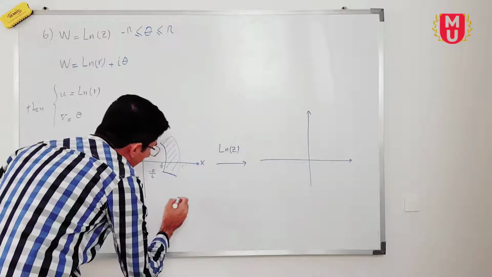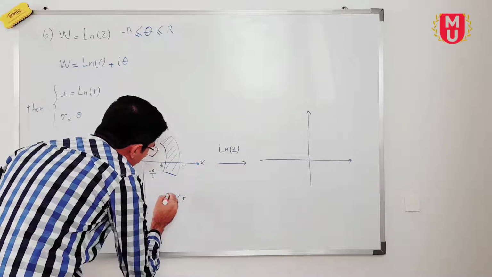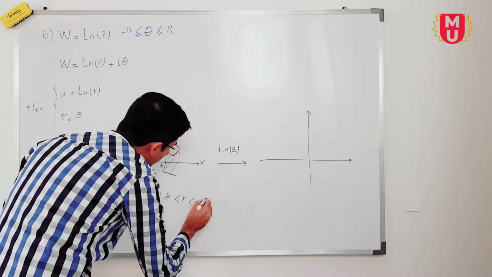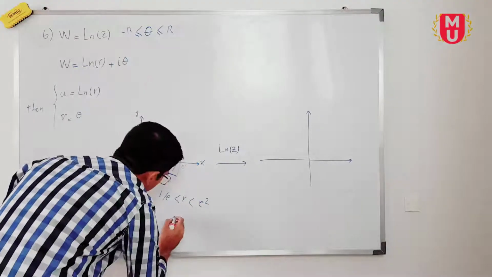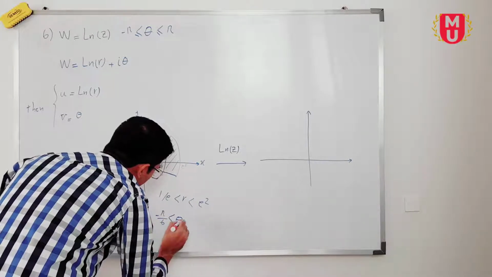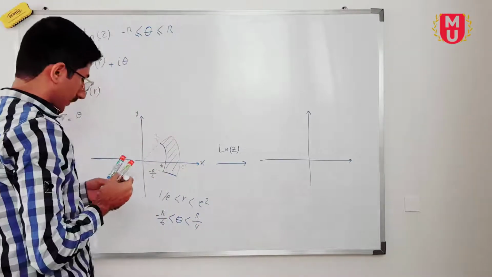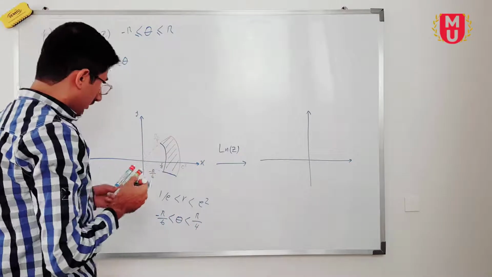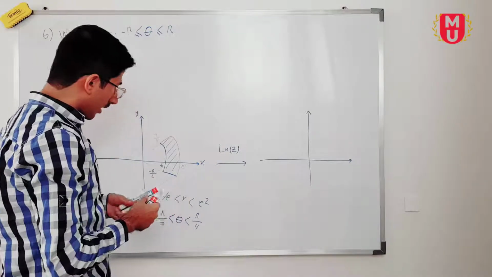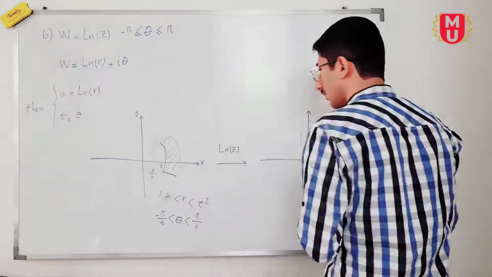Its radius is between e to the minus 1, or 1 over e, and e to the 2, and its theta is changing from minus pi over 6 to pi over 4. That's it. To find out the pink color, I use the light blue.